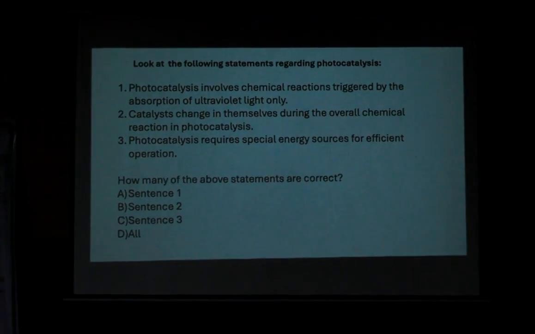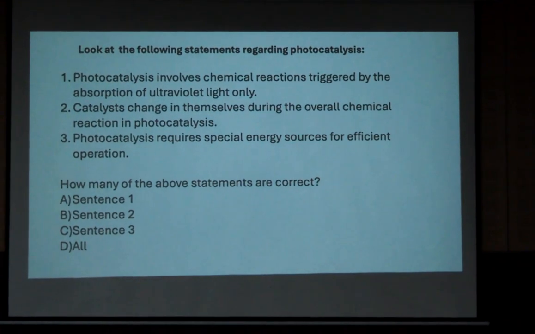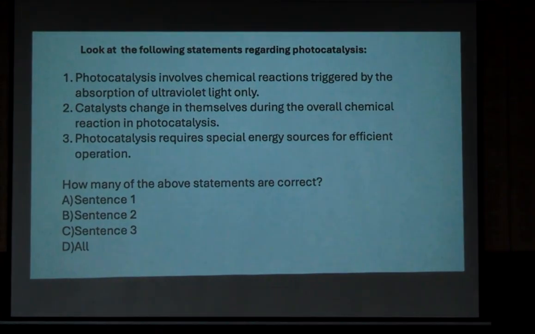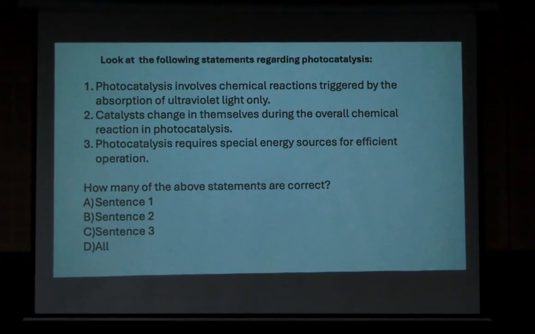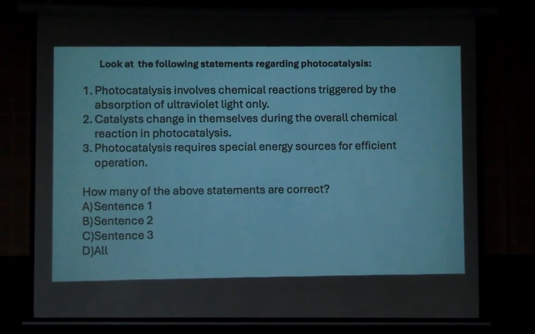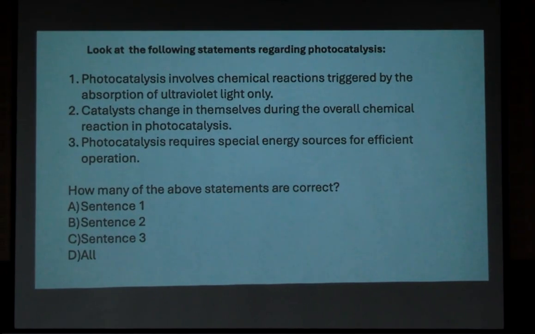Whether 1 sentence is correct, 2 sentences are correct, 3 sentences are correct, or all of them are correct. I will give you 2 minutes to think about it.